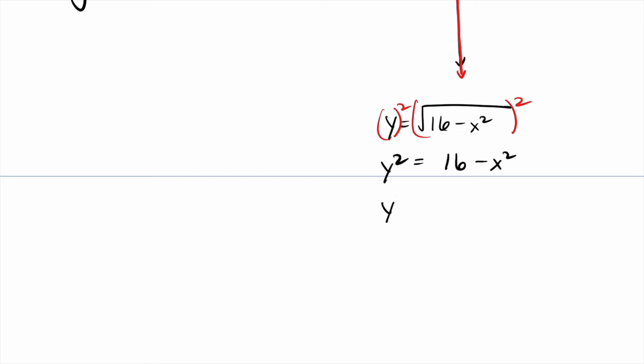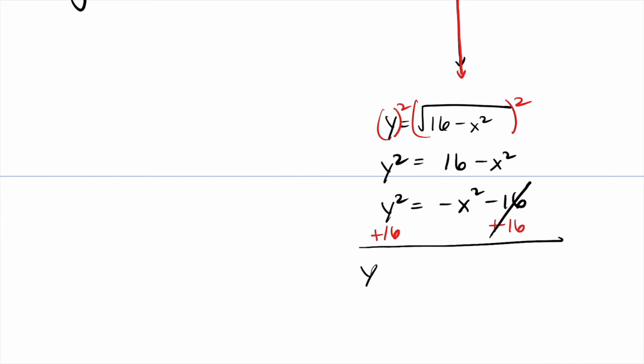I'm going to write it a little differently, I'm going to switch them around for a reason. Add x squared to both sides. Since there's only one x, I can isolate it; otherwise I couldn't. So we have x squared equals 16 minus y squared.